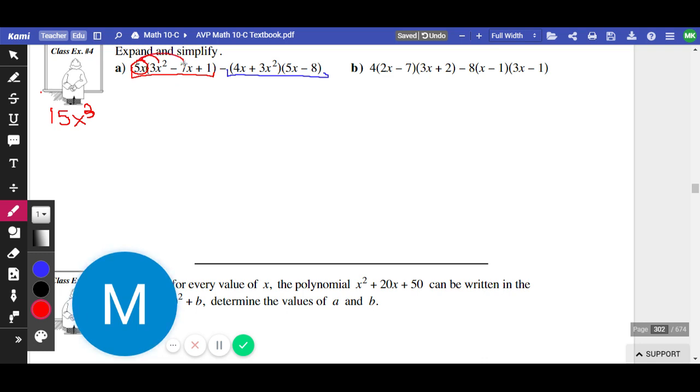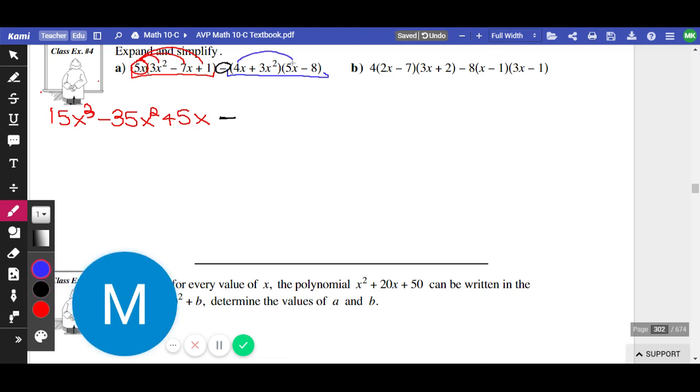Distribute it to the negative 7 to become negative 35x squared, and distribute to the positive 1 to become plus 5x. You've got that big old subtraction sign in the middle.